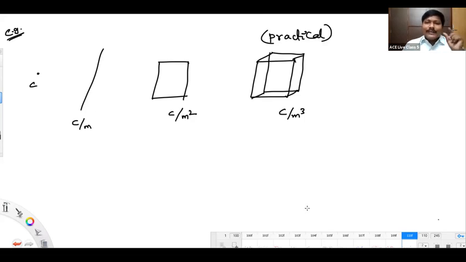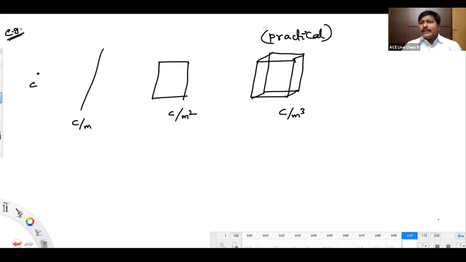Volume, because it has an area and then a length. But that area is very, very low compared to its length. So it can be approximated as a line charge distribution.